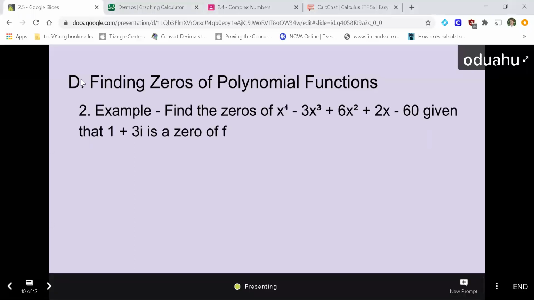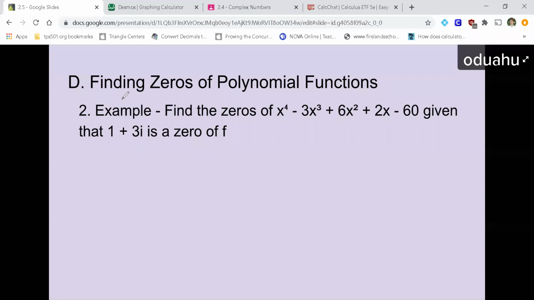All right, let me show you another technique that you can use. So if I want to find the zeros of this quartic, given that this is a 0, I can do that by combining all the information that we just got.